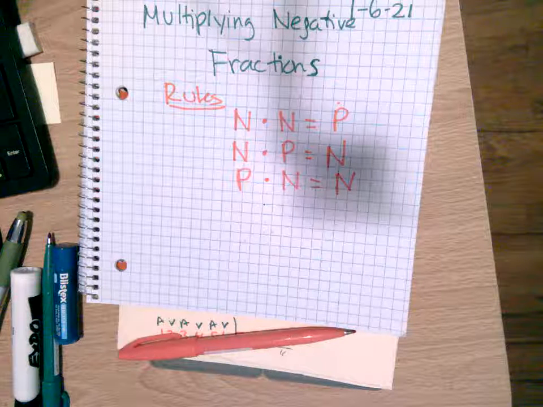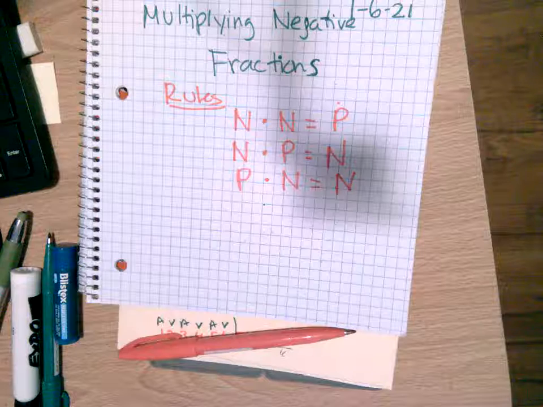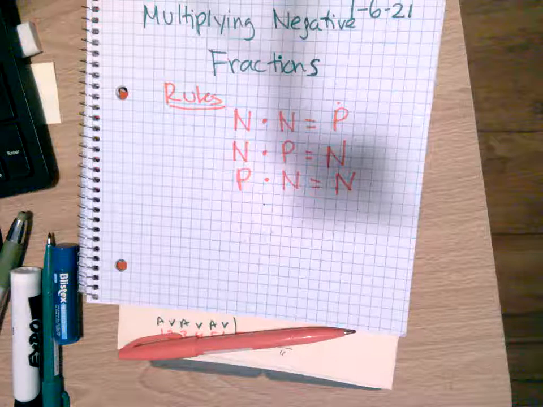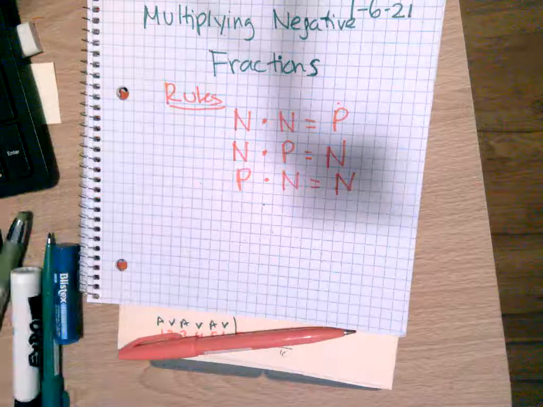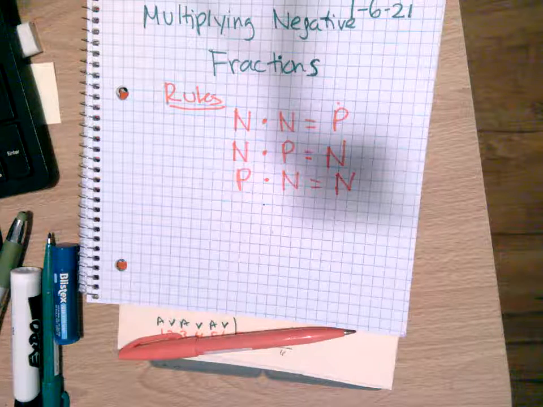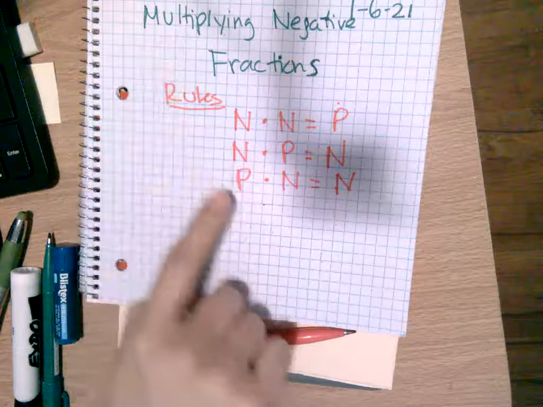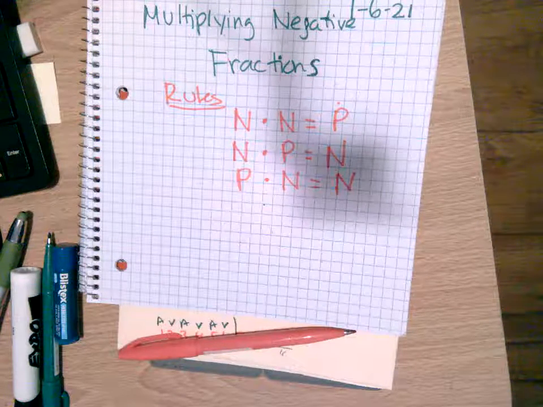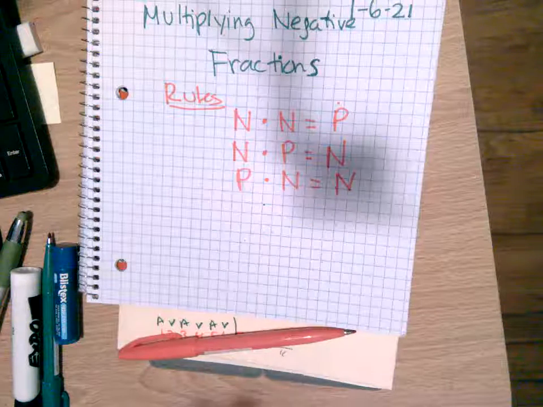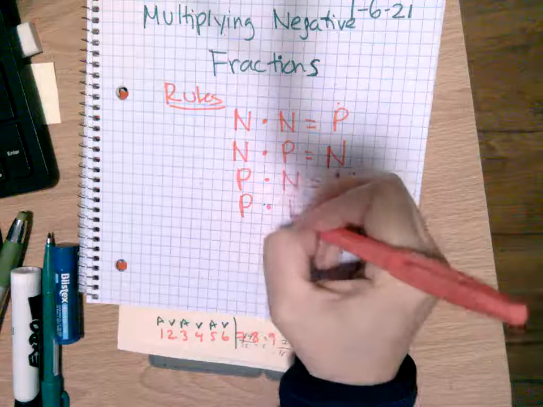One of the hardest parts about math is understanding that each operation, multiplying, adding, subtracting, dividing, has its own rules. Just slow it down and go, okay, I'm multiplying. What are my rules? Okay, now I'm adding. What are my rules for adding? What are my rules for subtracting? You just go slow.